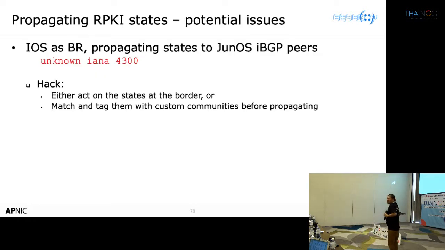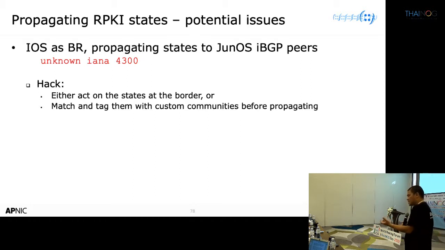So this happened in Bhutan Telecom's network. If it's Juniper to Juniper, straightforward. If it's IOS to IOS, straightforward propagation. But when you mix, in a multi-vendor environment, you are in a problem, because Juniper seems to interpret it very differently. So they have now raised a ticket with Juniper, saying that they might be doing it wrongly.